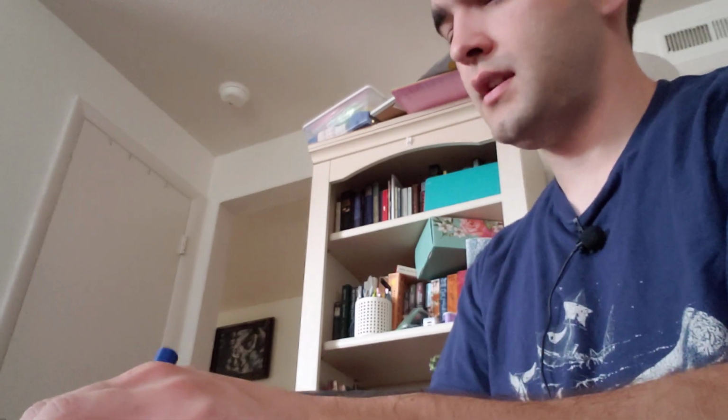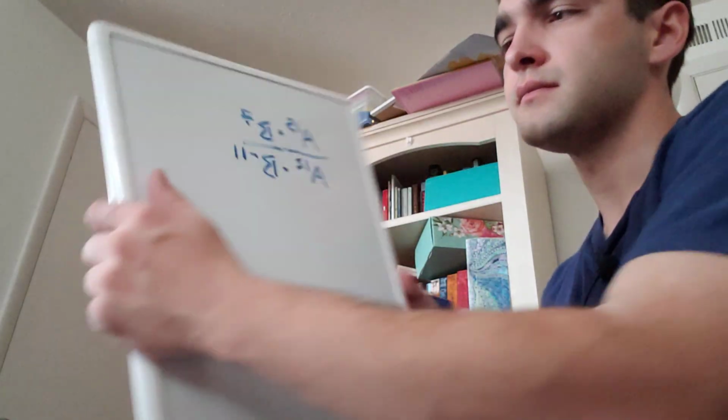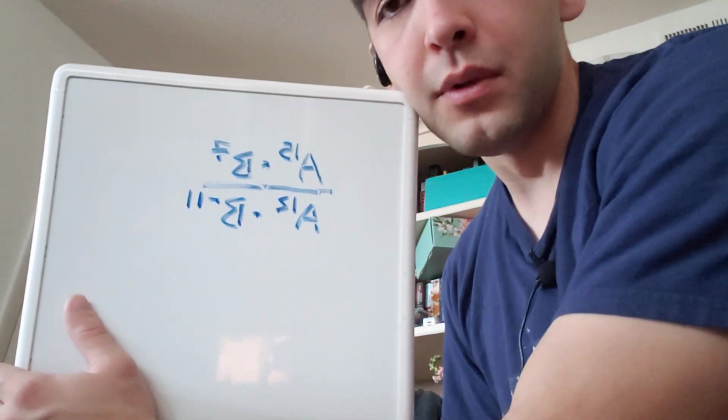So, for example, if I have a to the 15 times b to the 7 over a to the 12 times b to the negative 11. That's this, for those of you who weren't keeping math at home.